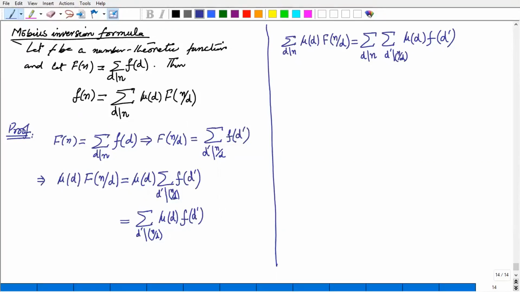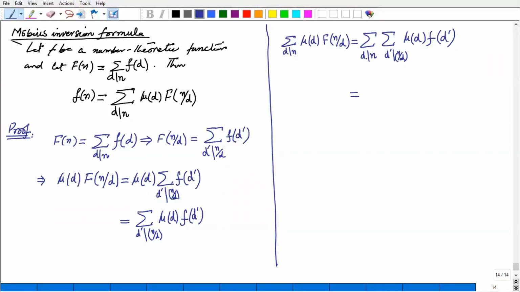Here we know that d is a divisor of n, and d prime is a divisor of n/d.